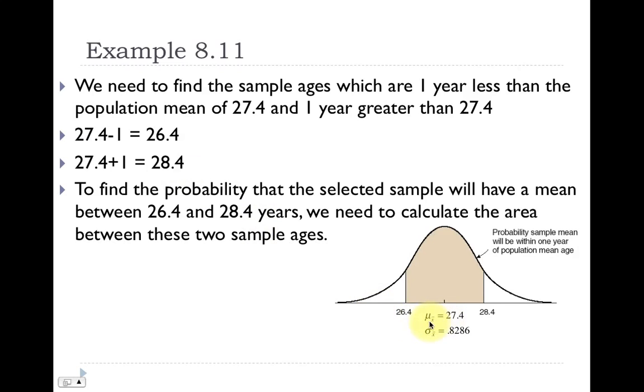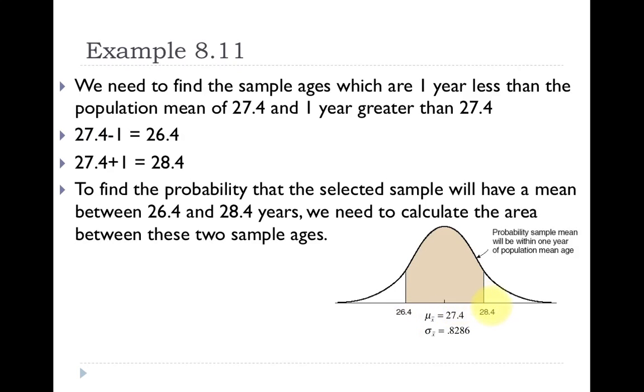So we label our curve, make a bell curve, and in the center you're going to label the mean of your sampling distribution, 27.4, and the standard error, 0.8286. On the left side, we have a sample mean x bar of 26.4.